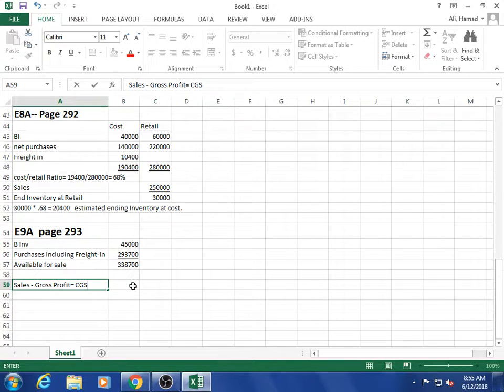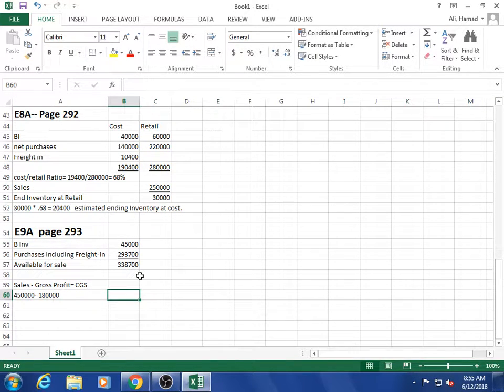So in this case, the sales are 450,000 minus, how much is the gross profit? 40% of that. Oh, 180,000. All right. Minus 180,000, and that gives us 450,000 minus 180,000 is 270,000.